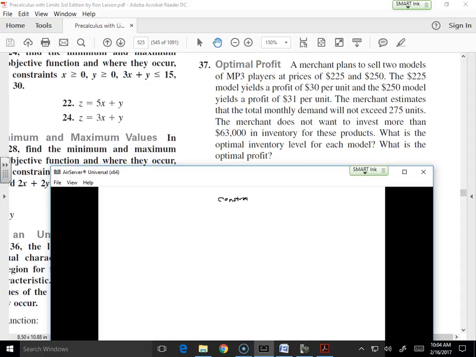Okay, those are some of our constraints, right? So we have constraints of 225, or same model 1 is x, model 2 is what? What does that stand for? How much money is coming in, right?